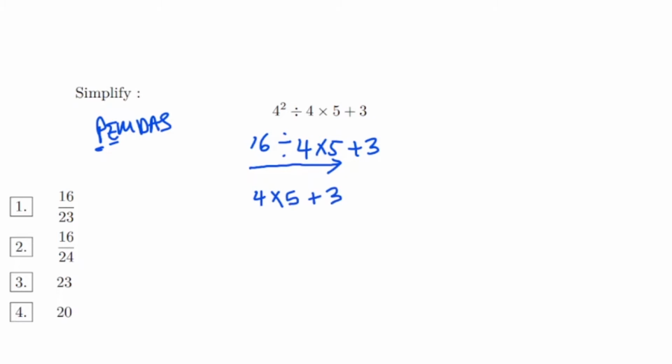This is what this problem comes down to. And now that we have multiplication and addition, we just do multiplication first because addition comes last. And 4 times 5 is 20. 20 plus 3 is 23. So this is the correct answer.